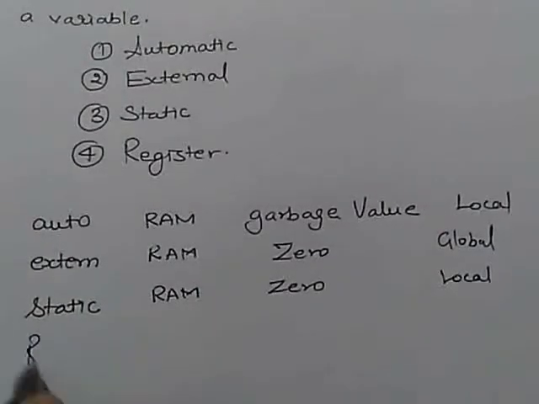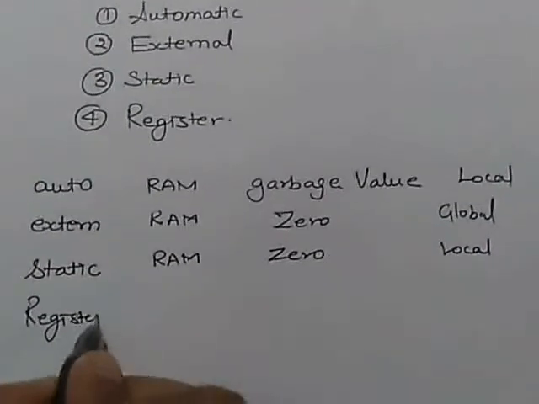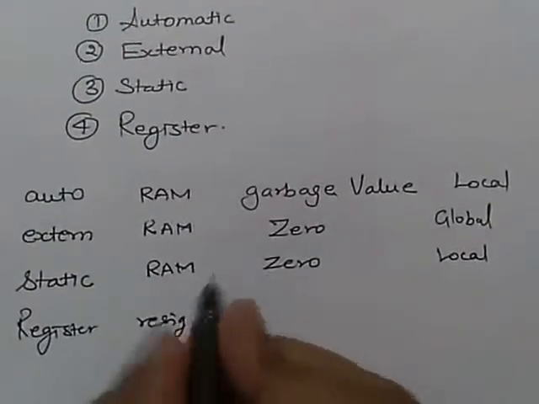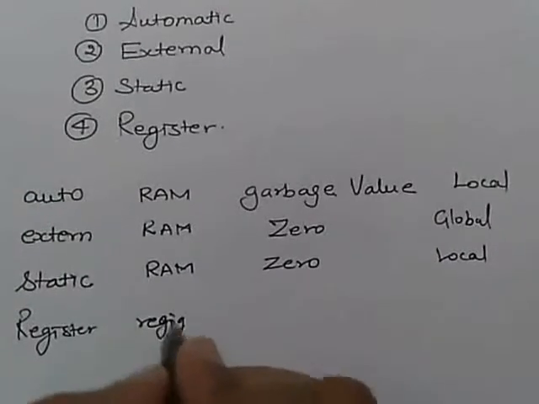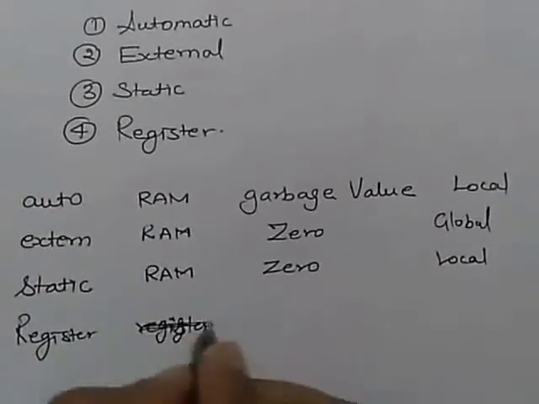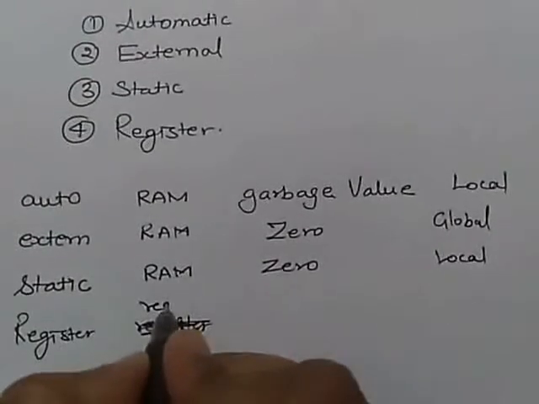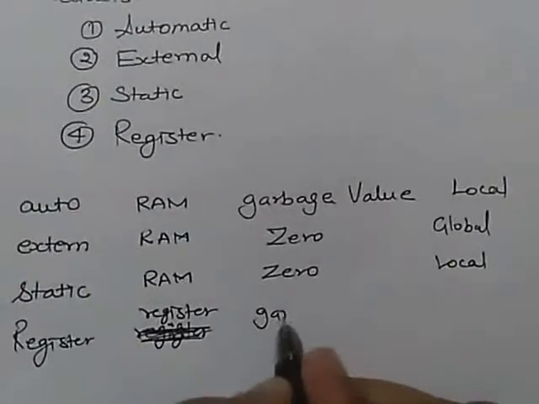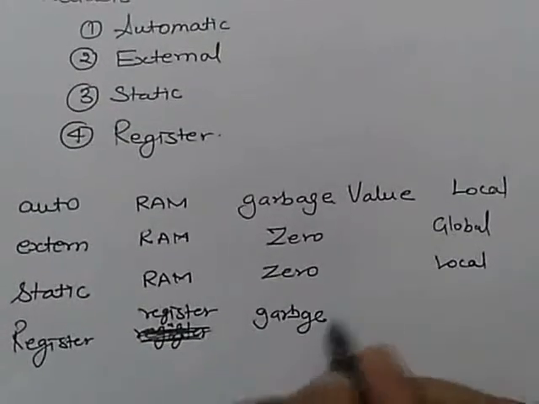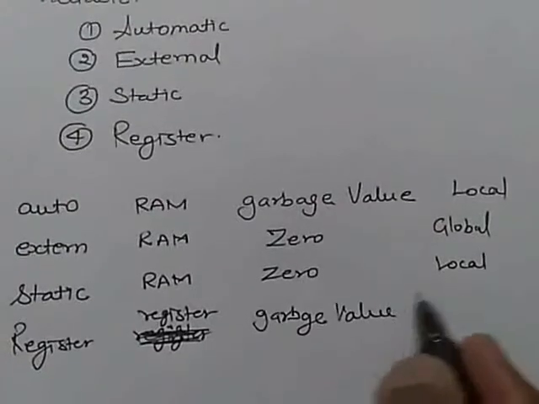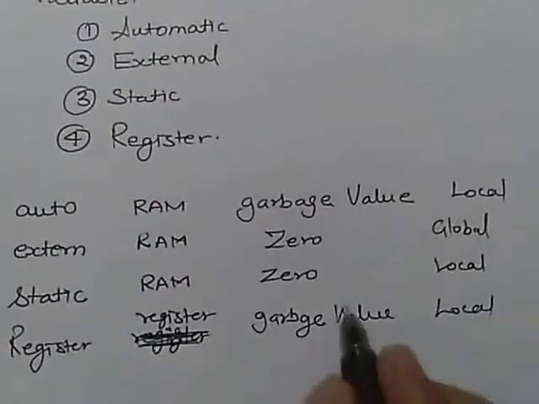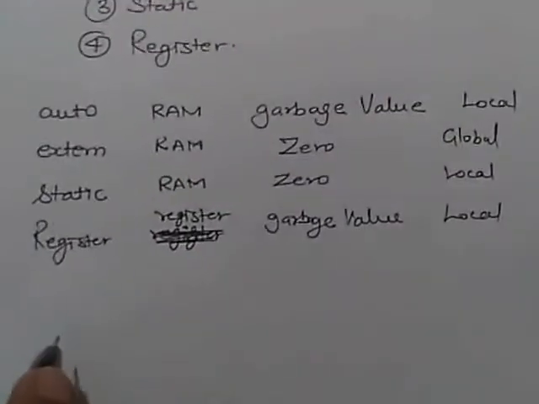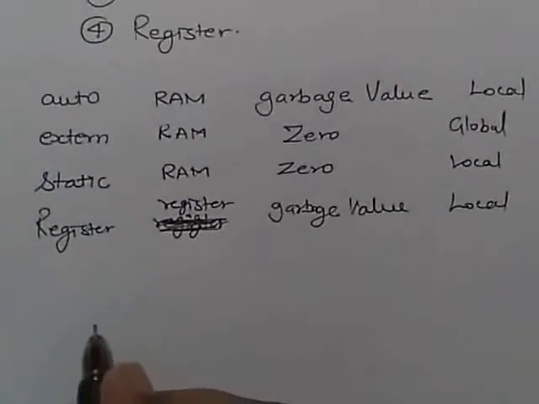If we have register storage class, then the values are saved in register, its default value is garbage value and its scope is local. Now let us describe each of the classes one by one.